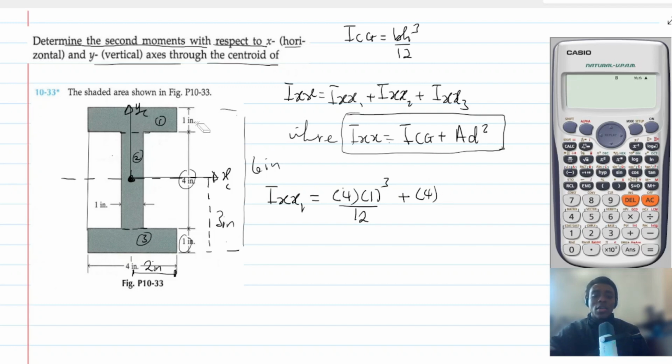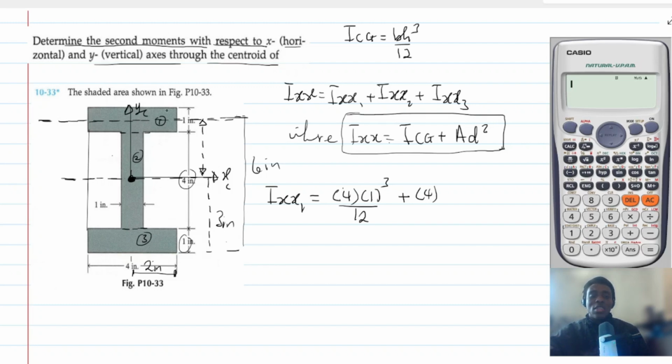When you say d squared, you want to ask yourself, the centroidal x-axis is passing through like this, and then you want to get this actual centroid. Whenever you want to apply the parallel axis theorem, you need to pass an imaginary centroid through the area so that the distance between that imaginary axis and the actual axis will be the d squared.